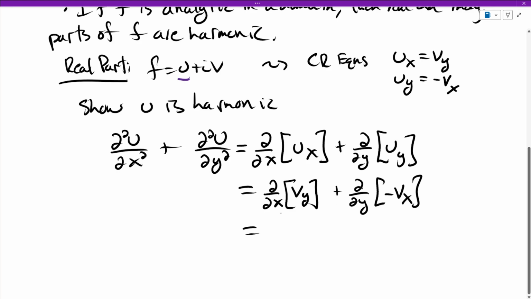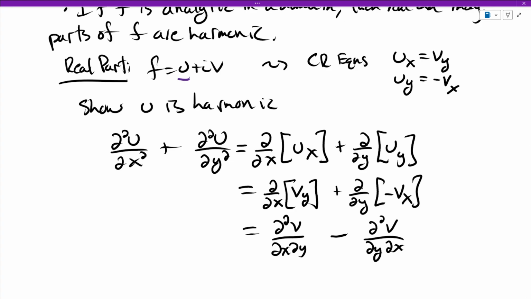So we can rewrite the first one as partial squared v, differentiate with respect to y, then x. The negative comes in front, and this is partial squared v, differentiate with respect to x and then y, or however order you learned it. But the mixed partial derivatives commute, that is, these quantities are equal, so they subtract to 0. And the imaginary part is the same.